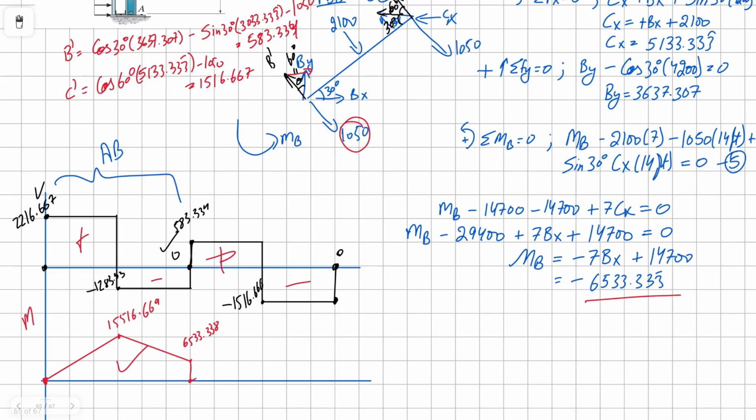So we're going to go upwards 6533.338, and then we're going to have this positive bump of 4083, which will be taking us upward to our peak of 10,616.7676. And then we have our negative curve or area, which is going to be negative 1516.666 times 7 takes us all the way down to our 0 mark.